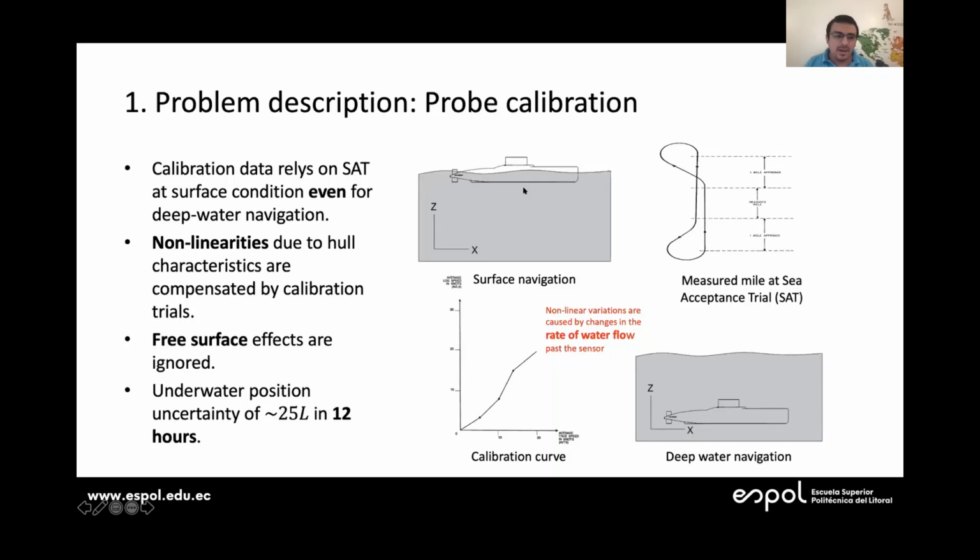But what I found, or what we found, is that this calibration procedure has to be performed also for deep water operations, but their calibration relies on the measurements performed in the surface condition.